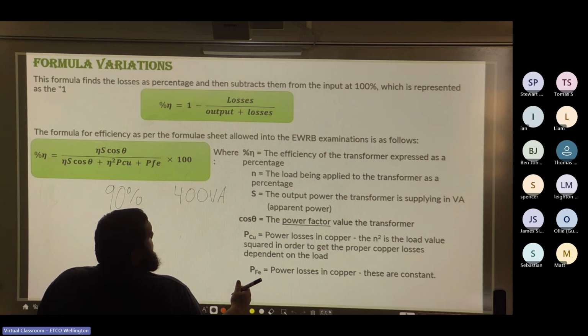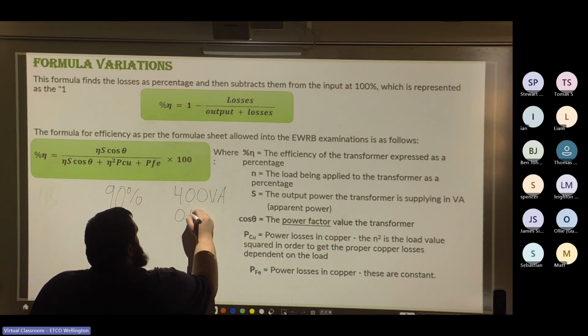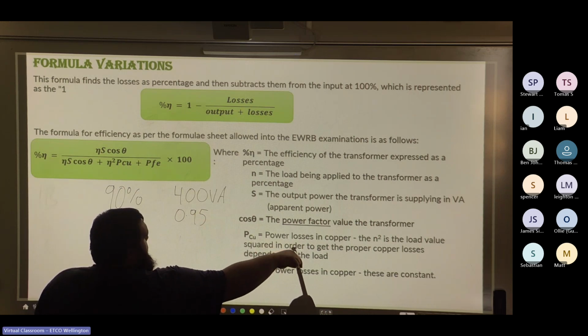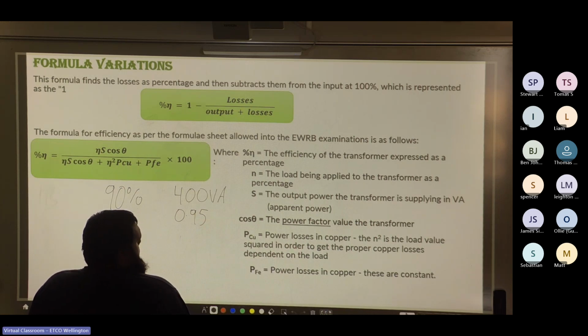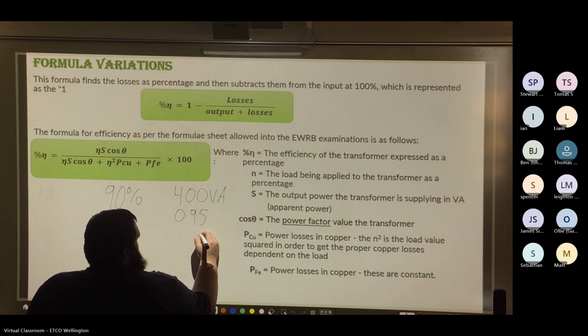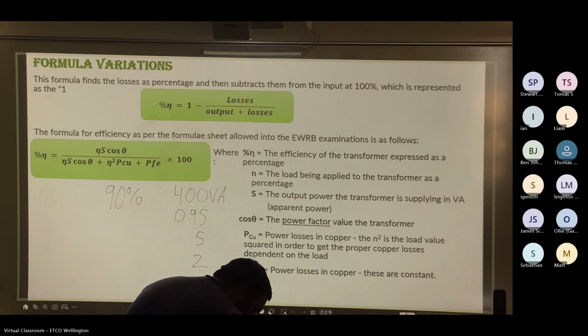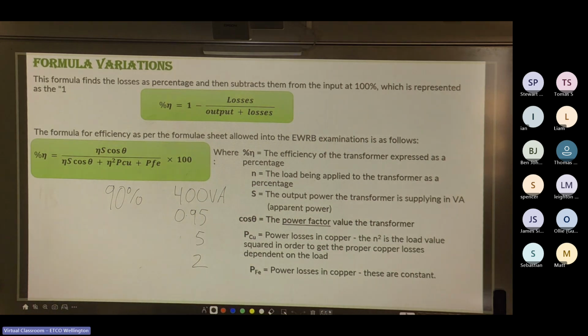I know it's not a lot. The power factor of the transformer is 0.95. The copper losses, so it should be in VA, is 5, and the iron losses 2. Have a go at putting that into the formula and see what you get.